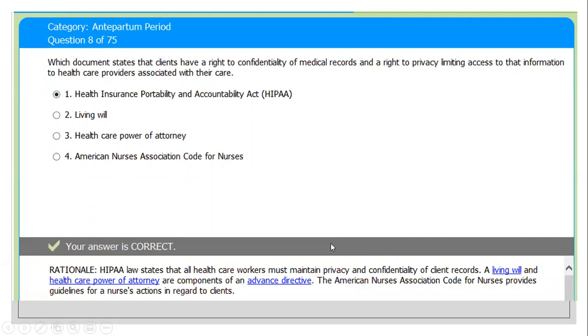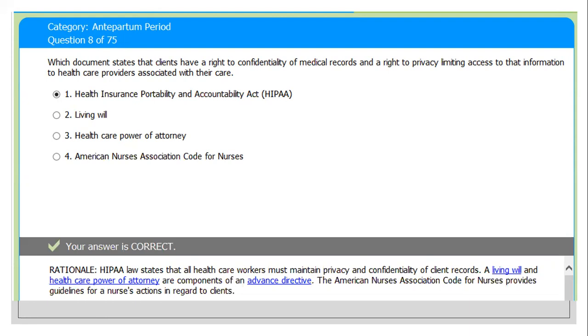The primary role of the standard is to address the use and disclosure of individuals' health information by the entities subject to the privacy rules.